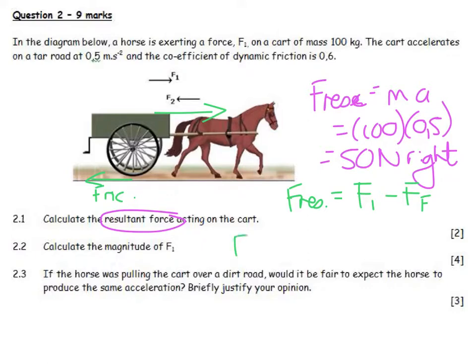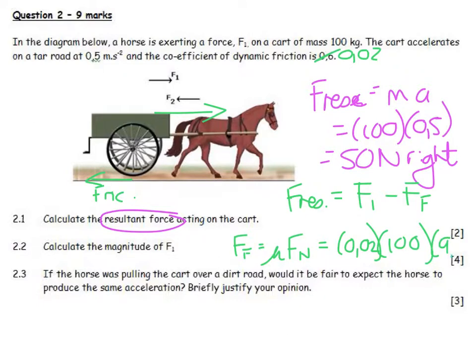We can work out the friction. Frictional force is equal to mu Fn. And because this isn't on an inclined plane, we can simply go, oh, this changed to 0,02, didn't it? Sorry. 0,02 times 100 times 9,8. And that was equal to 19,6.